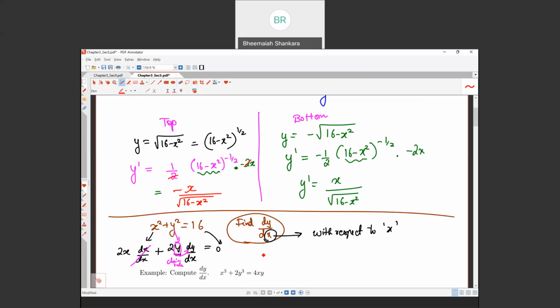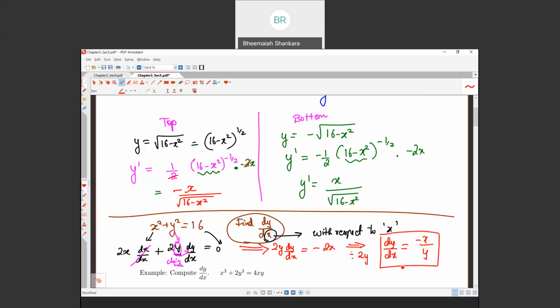I'm going to write this as 2y dy over dx equals negative 2x. I'm going to add negative 2x on both sides. Now I will divide by 2y on both sides. So I have dy over dx equals negative x over y. So this is the final answer we have for the derivative function.